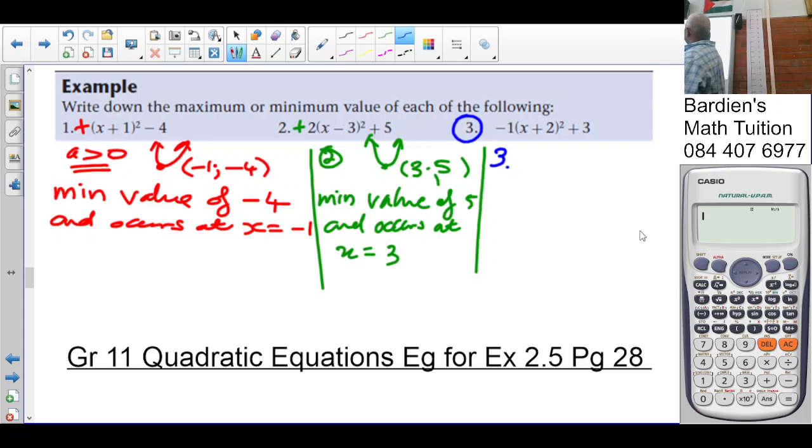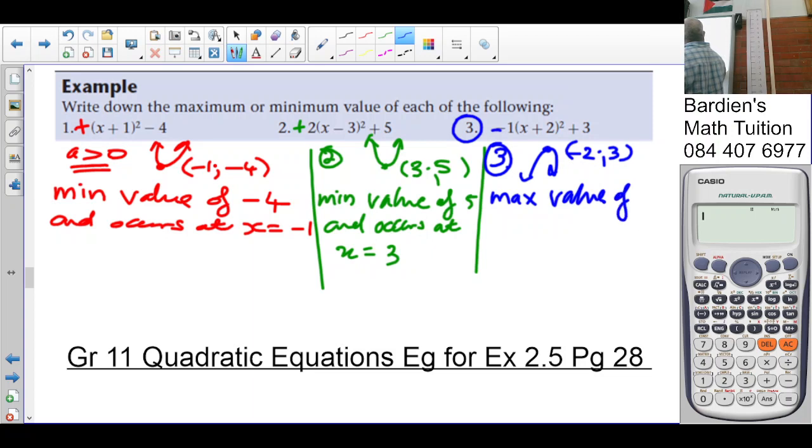Let's look at number 3. Will this graph have a minimum or a maximum value? Maximum. Why? Because of the negative, so it has a maximum value. What's the coordinates of the starting point? Negative 2 and 3. So what can I say about this? There's a maximum value of 3. The highest point that turning point will occur at is 3.